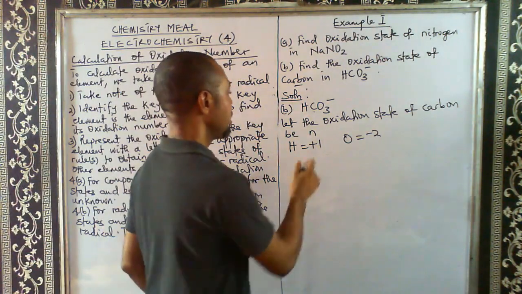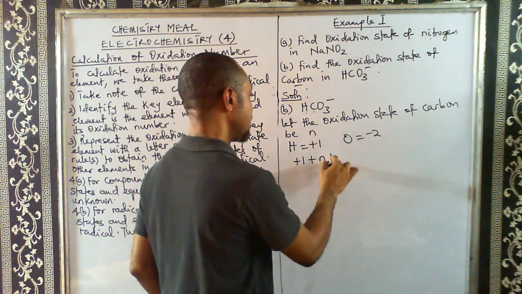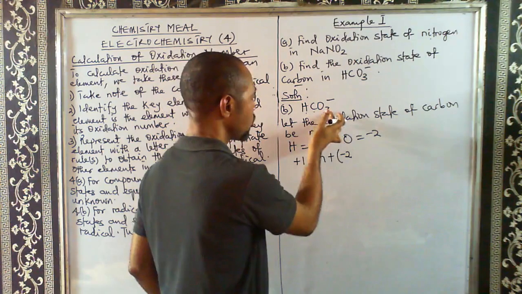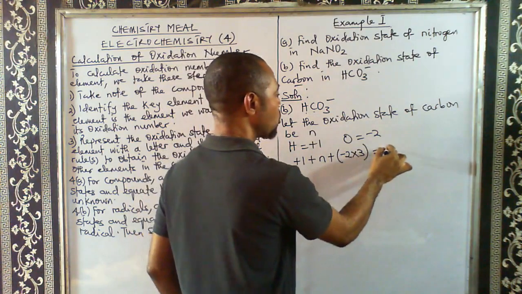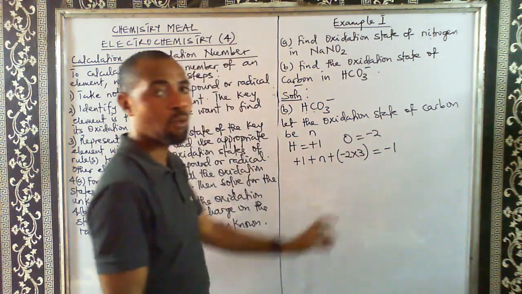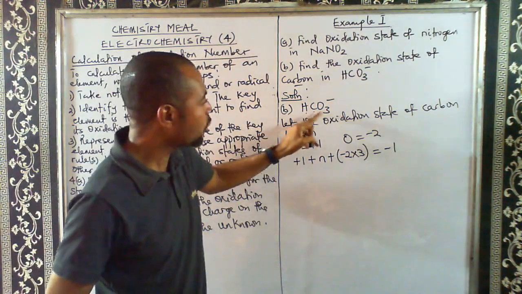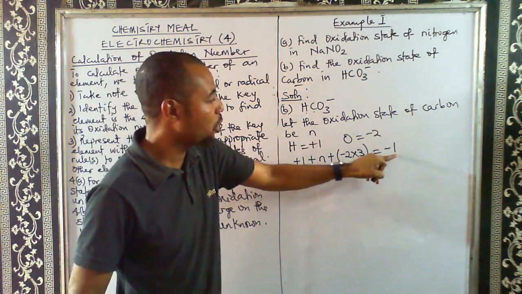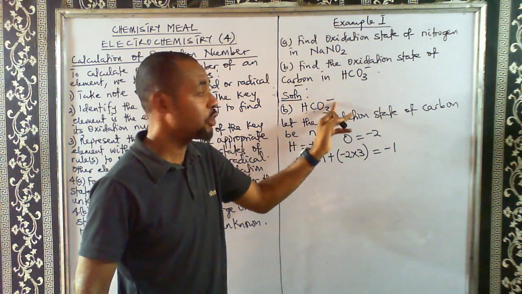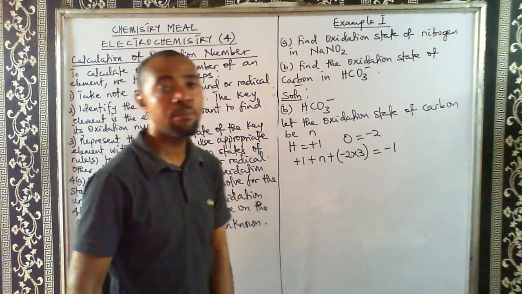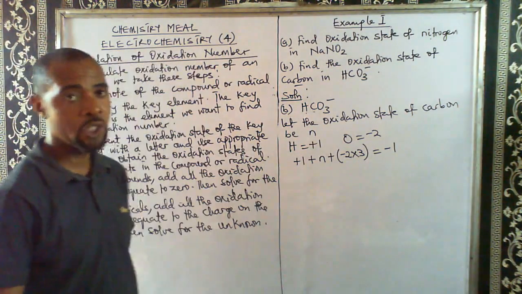So the oxidation state of hydrogen is +1, that of carbon is N, that of oxygen is -2, and because we have 3 atoms of oxygen, we multiply by 3, equals -1. It no longer equals 0, because it's a radical. We have one negative charge, that's why it's -1.